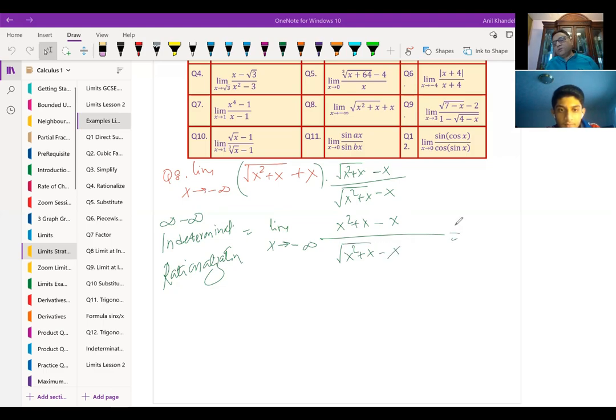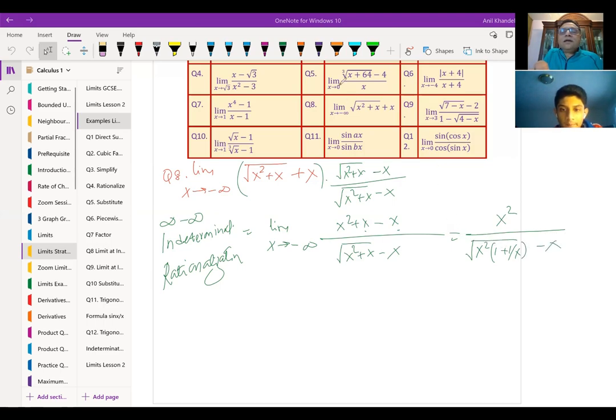Now what am I going to do? What I showed you: I'll factor out x squared from the denominator. I have x squared in the numerator, and x and minus x cancel away. Here, I am factoring out x squared, so I have 1 plus 1 over x, minus x.